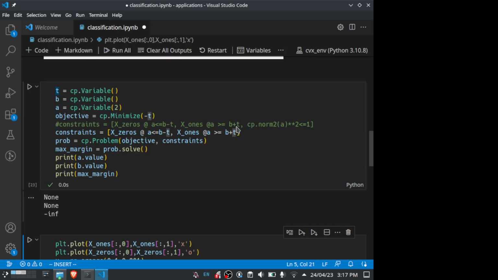The margin itself would be T by norm A. Yes. T by norm A.